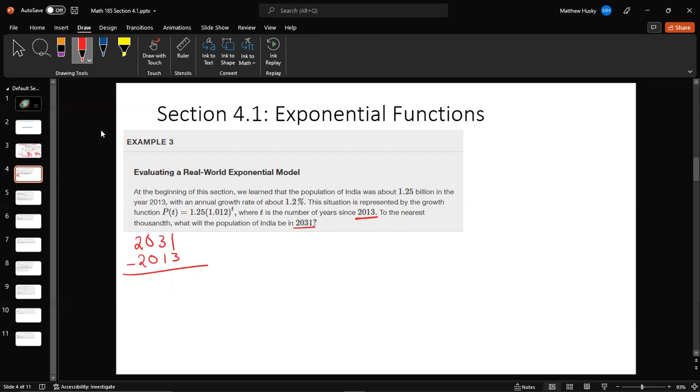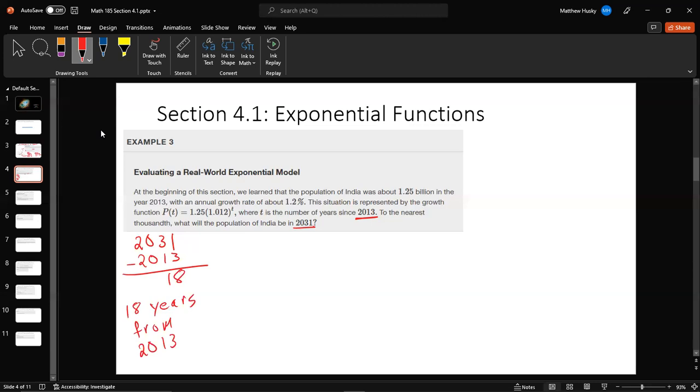If we do 2031 and subtract 2013, that is going to give us the number 18. So that basically means it's 18 years from 2013. Actually 9 years from now, which is kind of freaky to think about.